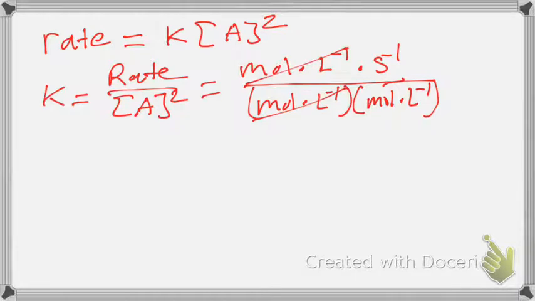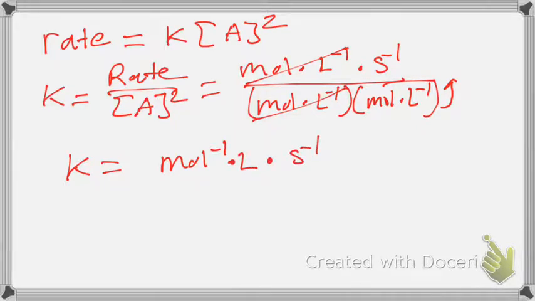So if we take the reciprocal of the bottom unit so that we can get it up on top, we would simply write the units of K as moles to the minus 1 times liters times per second.